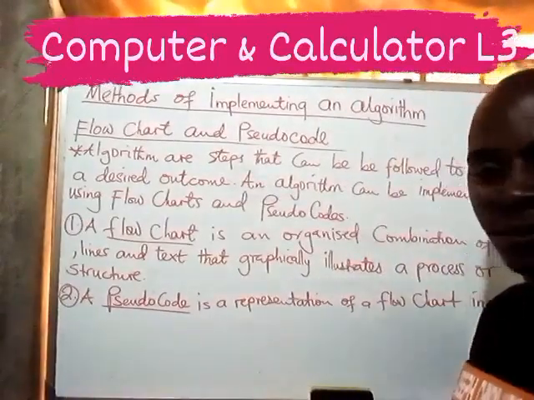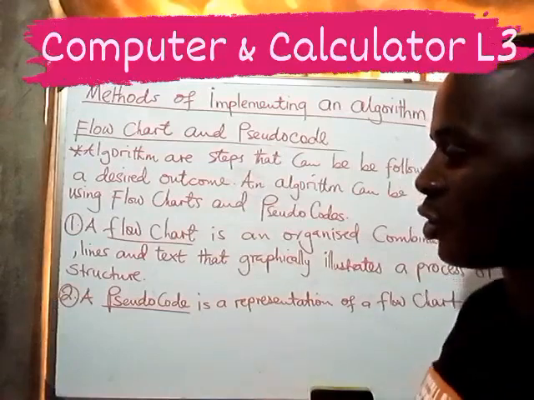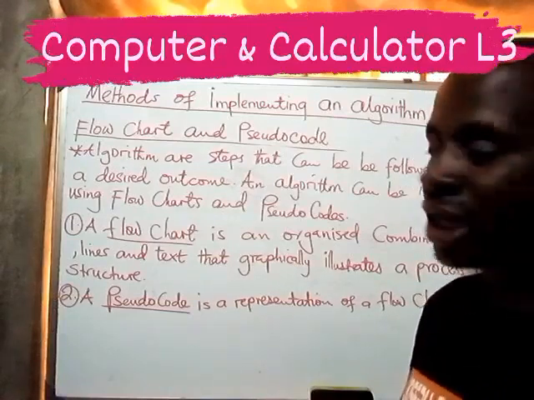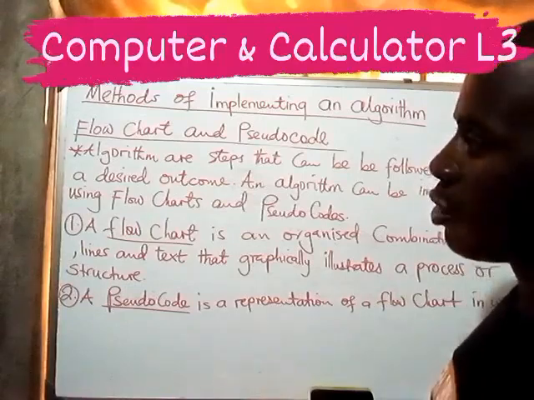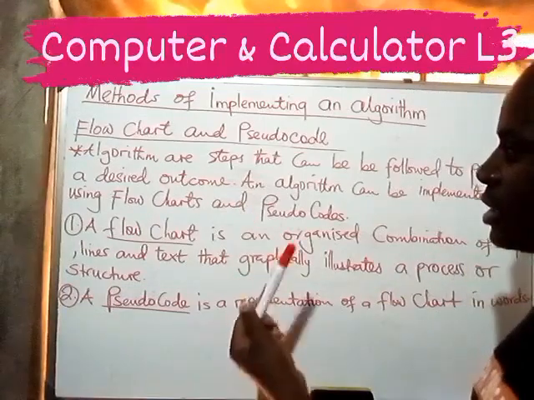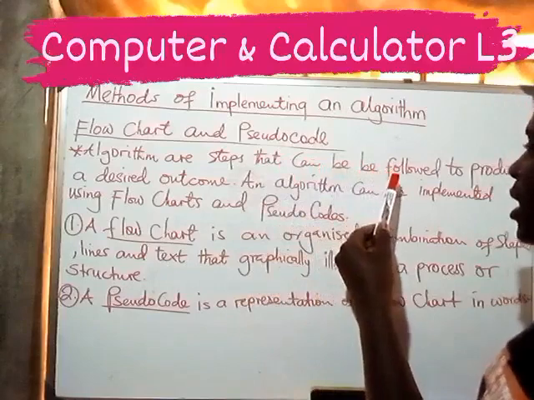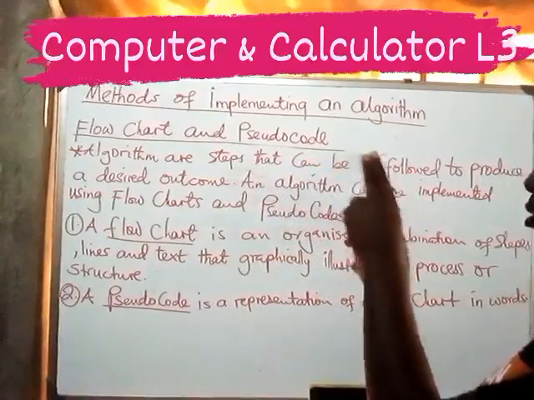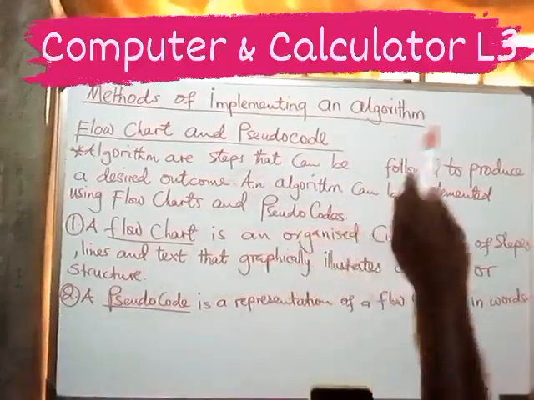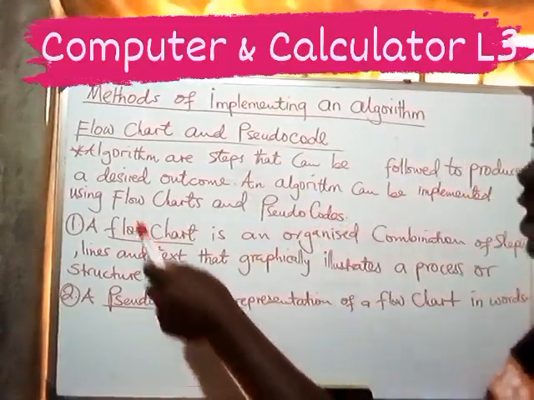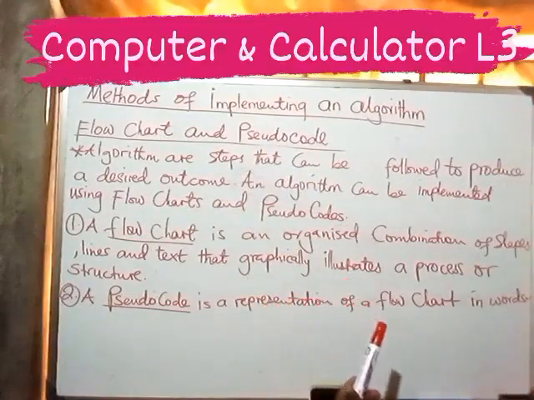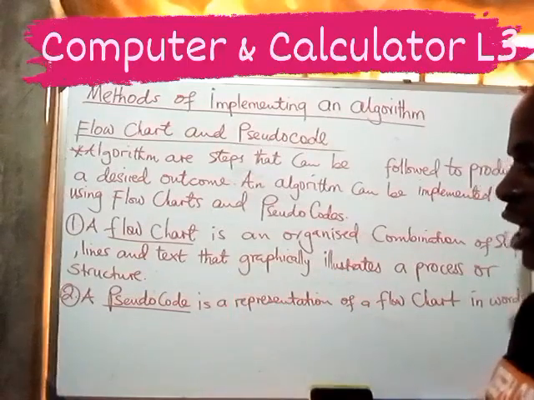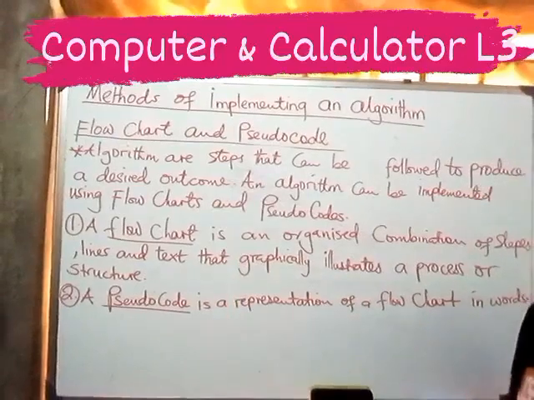But before we go to the definition of flowchart and pseudocode, I would love to remind you about the algorithm. So algorithms are steps that can be followed to produce a desired outcome. An algorithm can be implemented using flowcharts and also pseudocode.